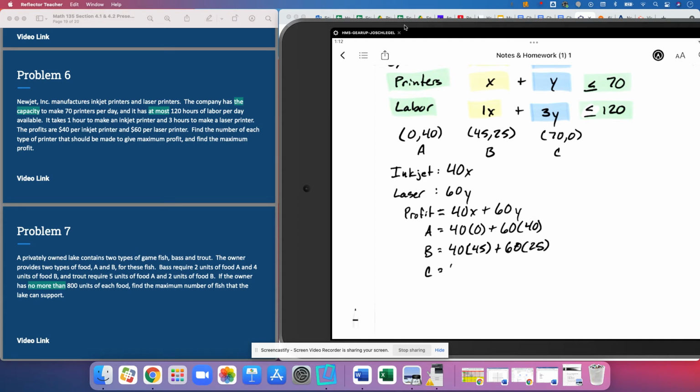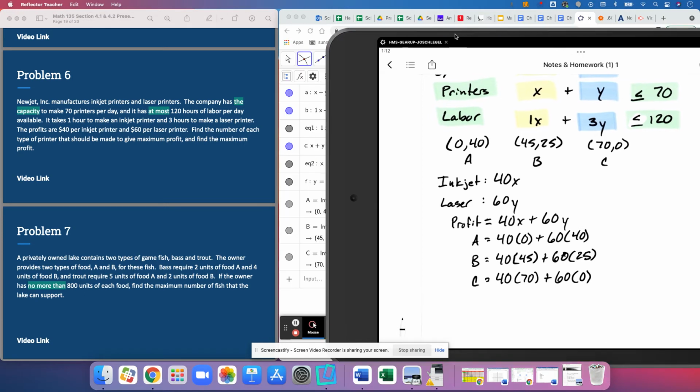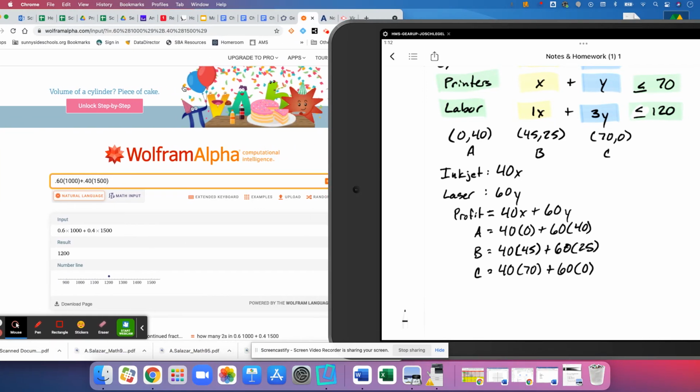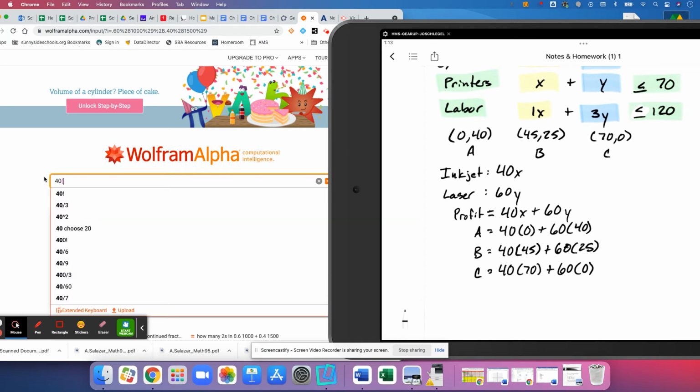And lastly, we have 70 inkjet and 0 laser as an option. So our last piece here, everyone, is we are going to bring those values and those profit equation into Wolfram, and we are going to see which of those produces the most profit.